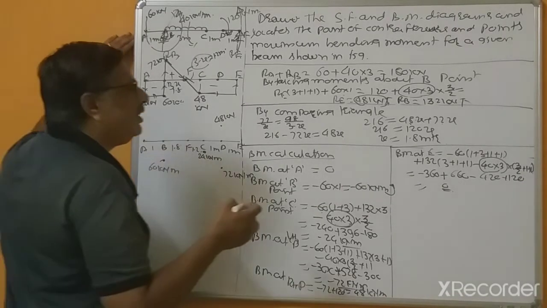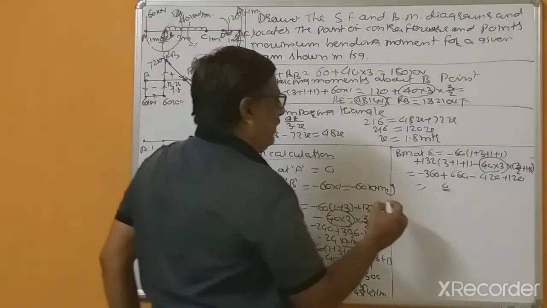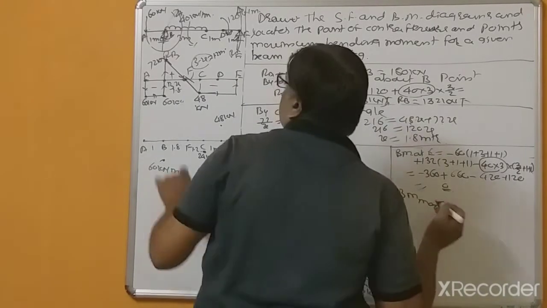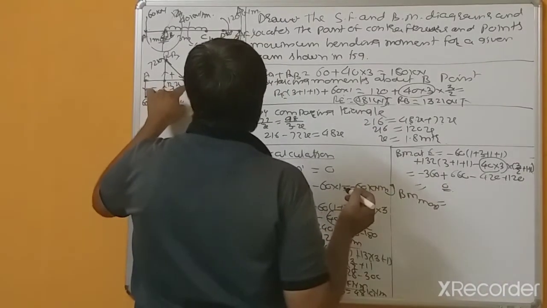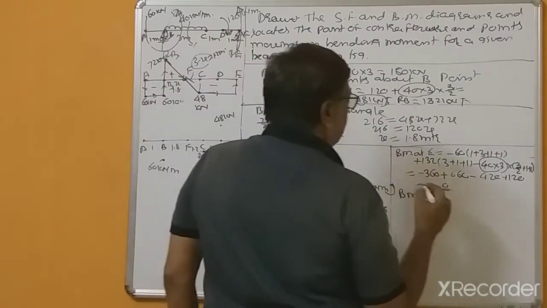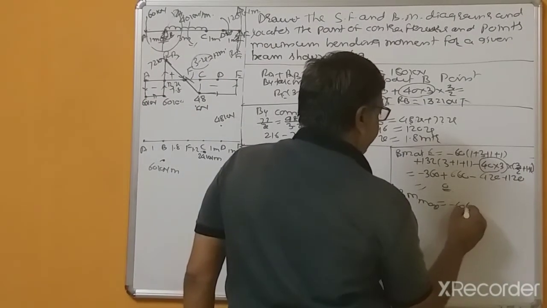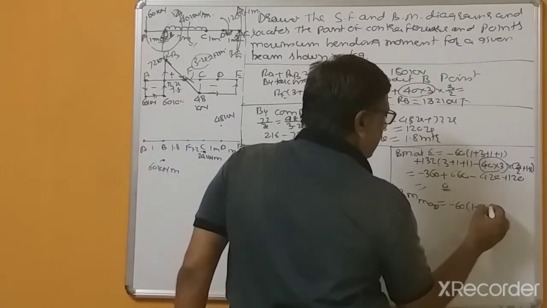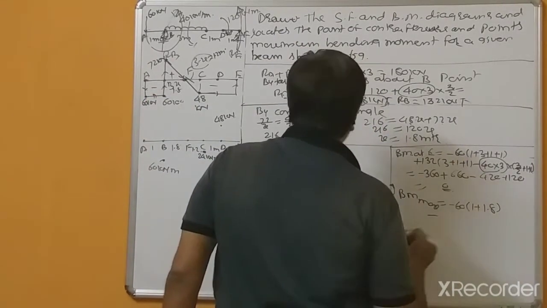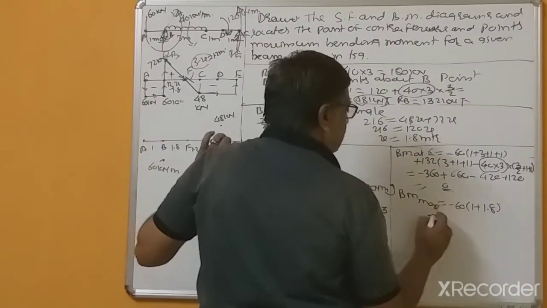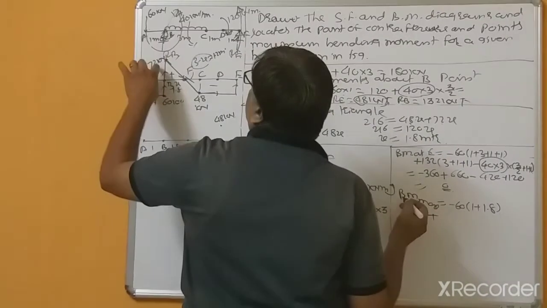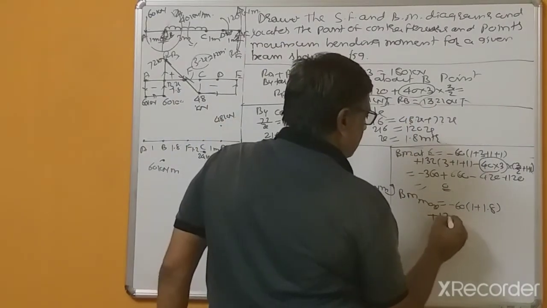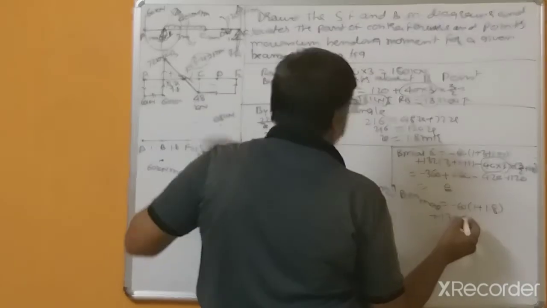Now the maximum bending moment is at the EF point. So at the EF point: minus 60 plus distance 1.8, plus 132 multiplied by distance 1.8.